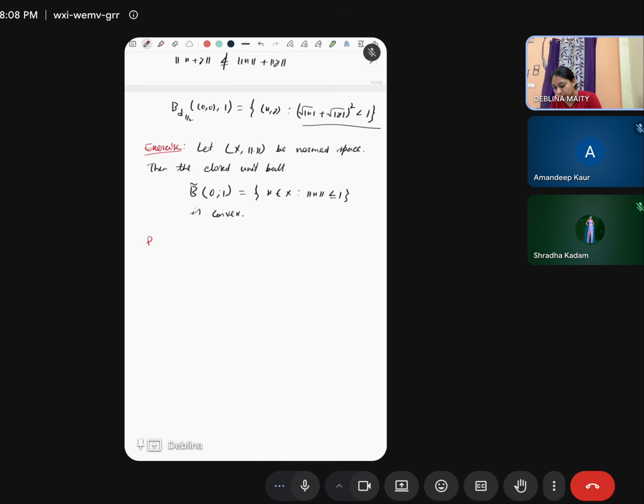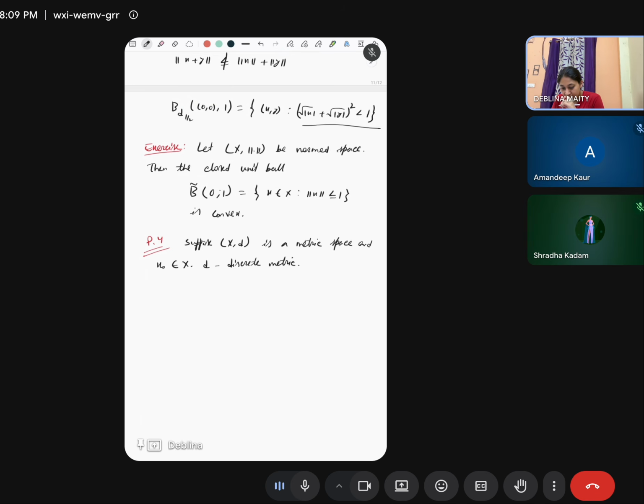So this is an exercise. Now let's go to problem 4, I suppose. Suppose (X, d) is a metric space and x naught belongs to X, where d is the discrete metric.